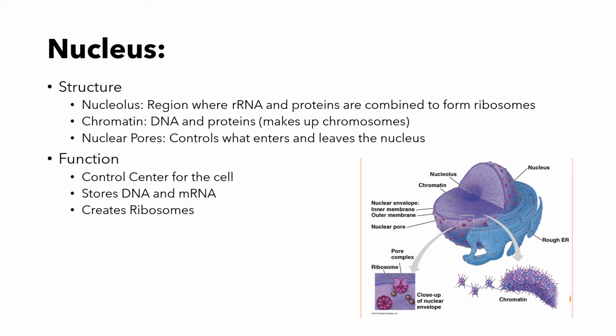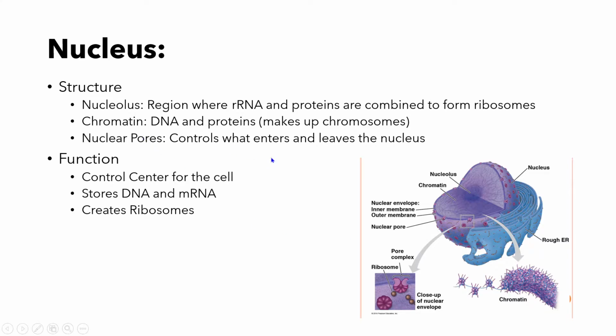So let's start off with the first organelle, which is the nucleus. The nucleus is the center of the cell. This is the control center of the cell. It stores genetic information. It has three main parts: the nucleolus, the chromatin, and the nuclear pores. The nucleolus is where ribosomes are formed, and this is where RNA and proteins are combined to form ribosomes.